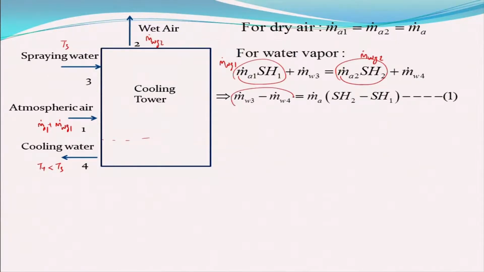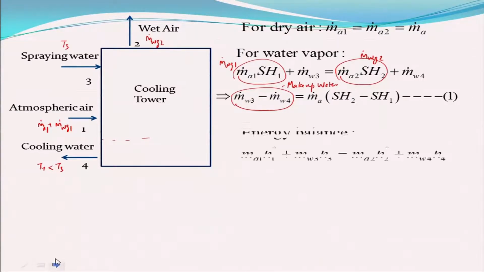And this is known as the makeup water. That means the difference m_w3 minus m_w4 is the amount of water which goes out of this cooling tower through station 2.